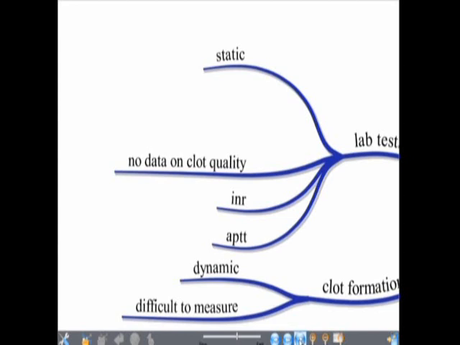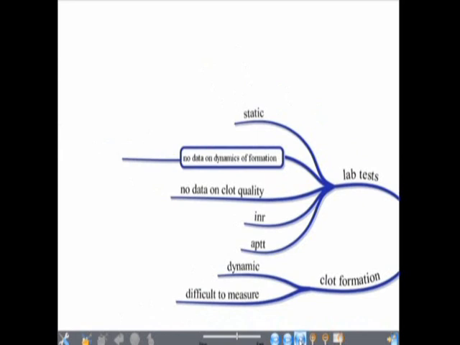But there's no data at all in regards to the quality of the clot, no indication of how well the blood is clotting. It just tells us the rate, but not the quality. It doesn't tell us anything about the dynamics of the formation.